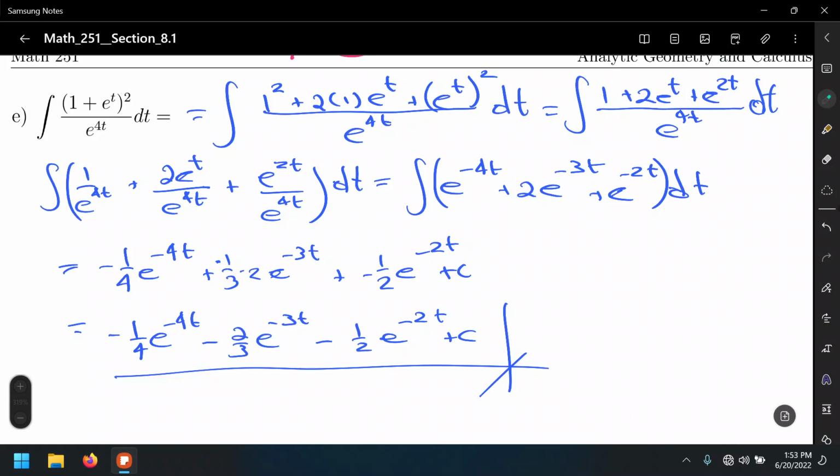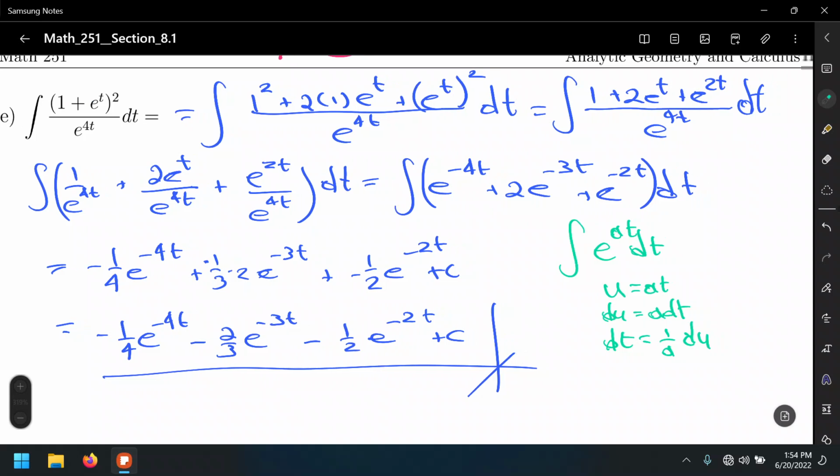So whenever we have an integral of the form e to the a t dt, a can be any coefficient, positive or negative. So basically u equals a t, du is just a dt, and dt equals 1 over a du.